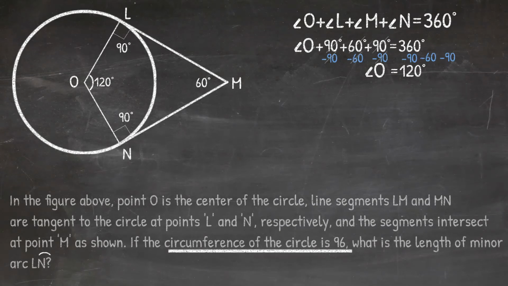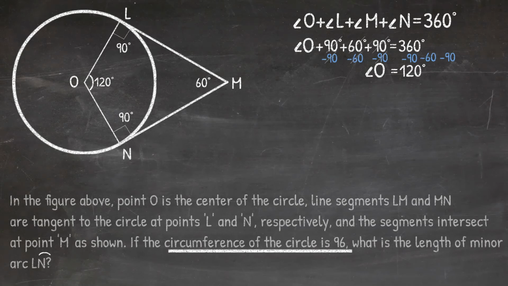We know that the full circle runs 360 degrees, and this is, again, general knowledge. Then 120 relative to 360 is the same proportion that our arc would represent relative to the full circumference.